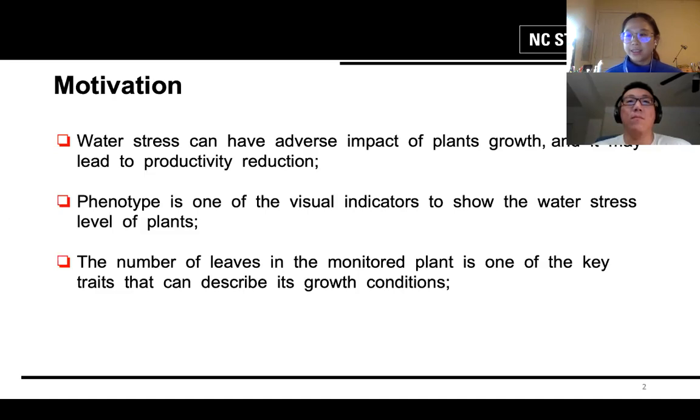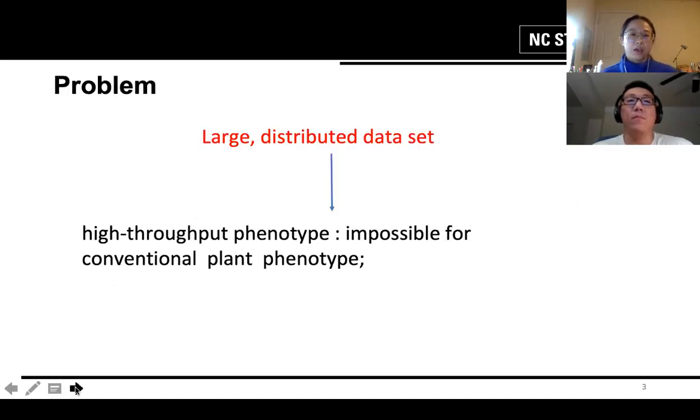To accomplish this goal, we can detect the tips and colors of plants to make the leaf counts easier. However, there's a problem because there's often a very large data set for agriculture data, and this high-throughput phenotyping makes the conventional plant phenotyping impossible to use.